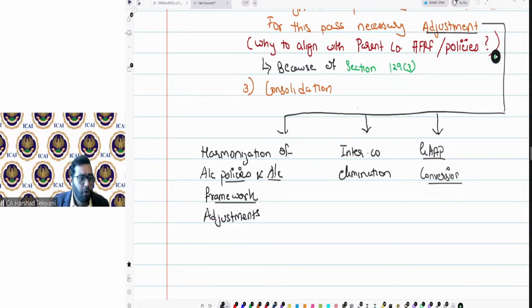Okay. So harmonization of accounting policies, intercompany elimination, GAAP conversion, these can be the types of adjustment that can be passed or effected in the financial statement. Clear?